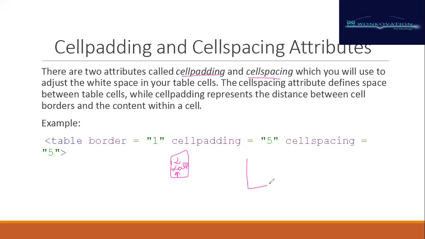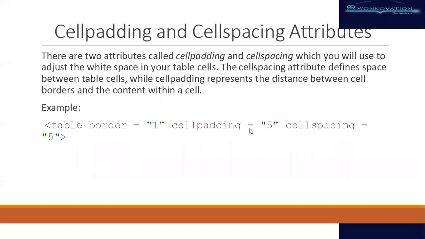Let's suppose this is a table with two rows and two columns, and you want to remove this line over here. You want it to become a whole cell, and you do not want to put a line over this. Using cell spacing, you will be able to do that. So how can you do that? Let us see.